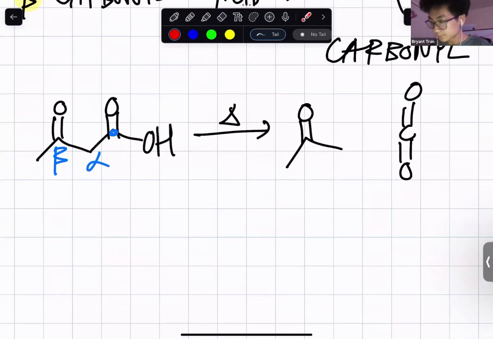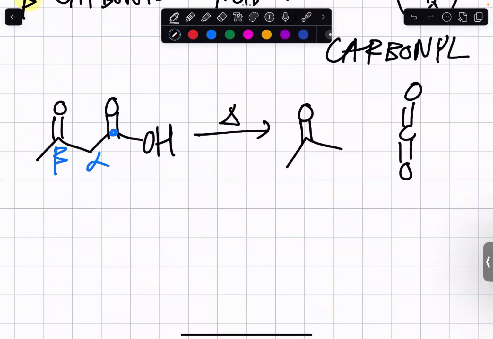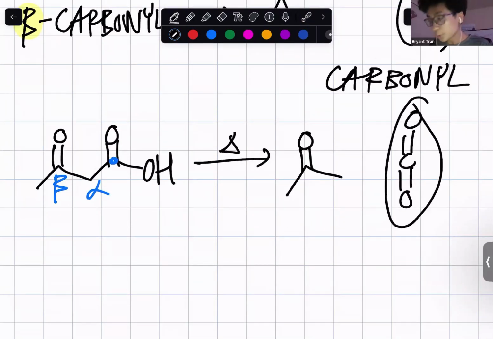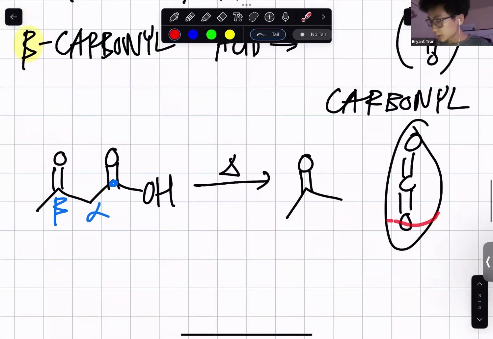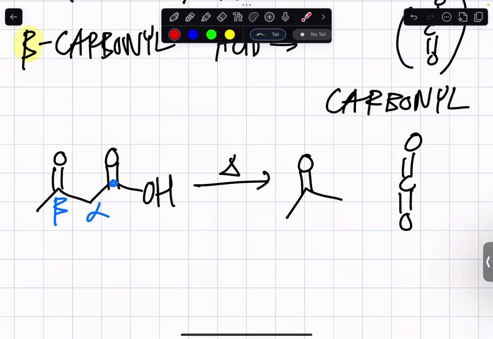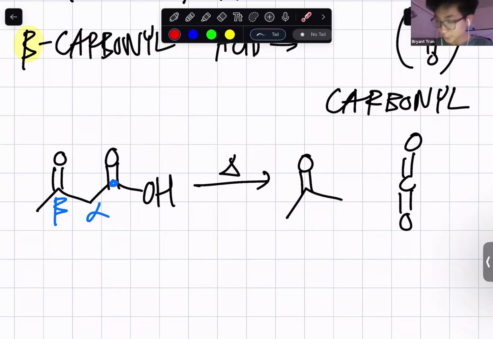Question: would you write CO2 on the side as well? You don't have to. It's inorganic, so it's not required to get full credit. But if this was a mechanism problem, then you would have to draw out that CO2 on the side.